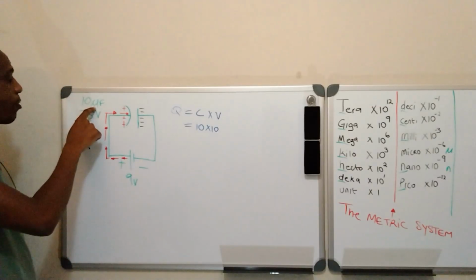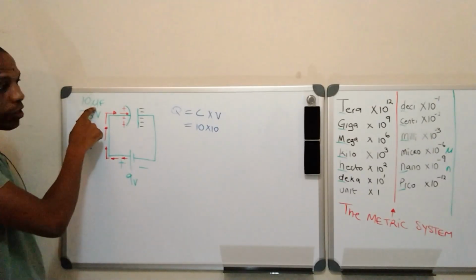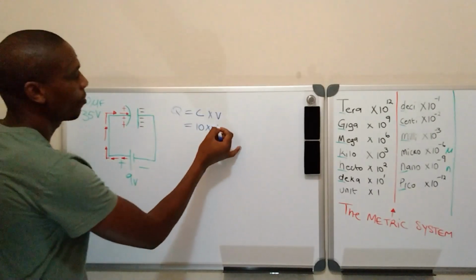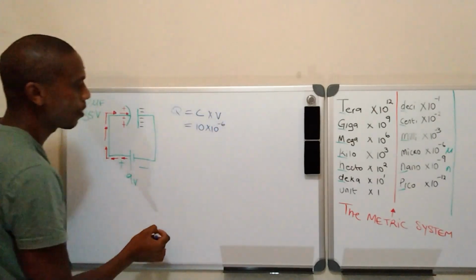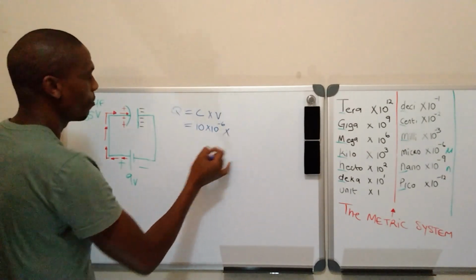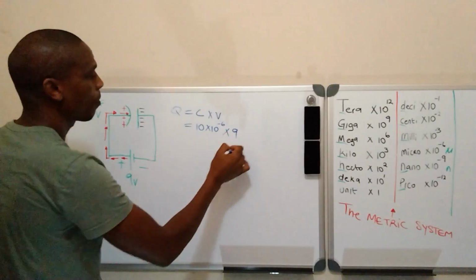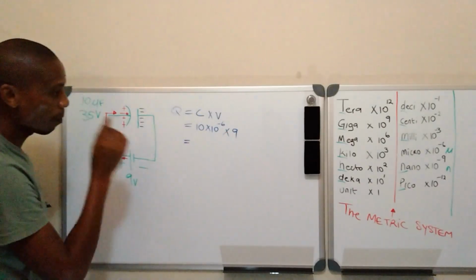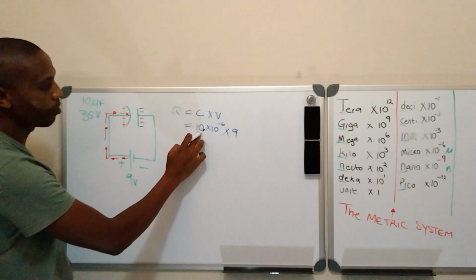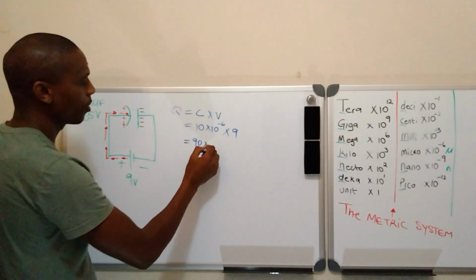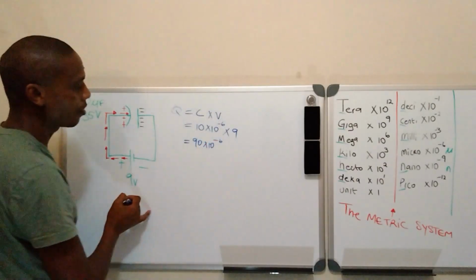What is the power of micro? It's -6. Multiplied by the voltage, which is the supply voltage that filled up the capacitor. So 9 multiplied by 10 is 90 multiplied by 10 to the power -6.